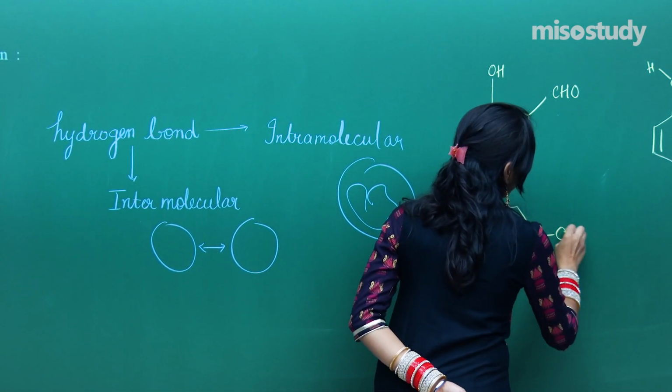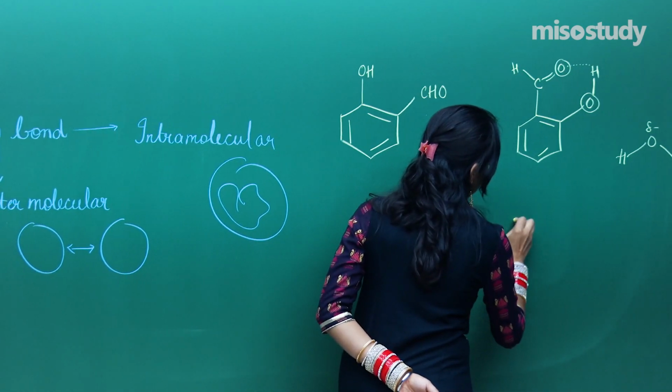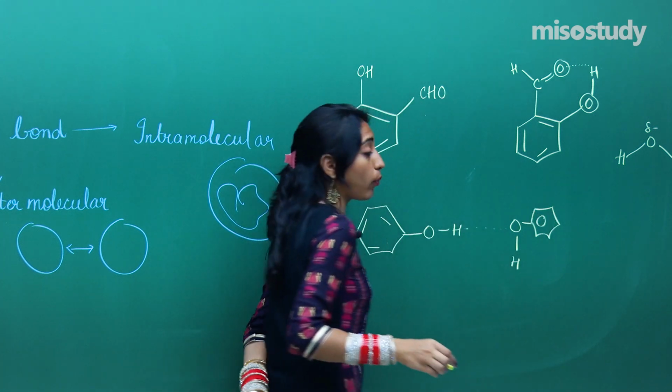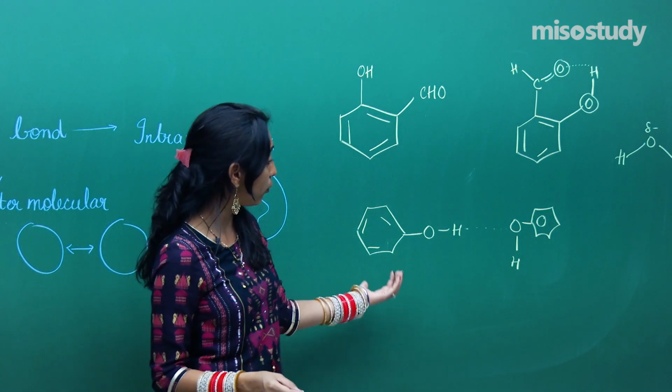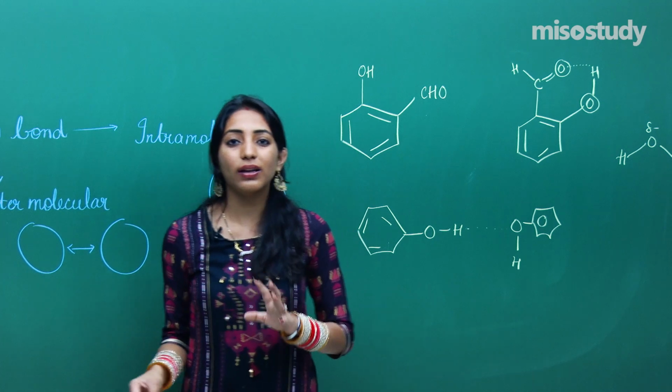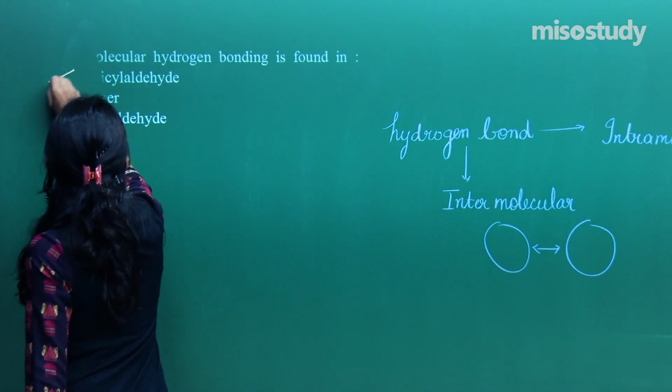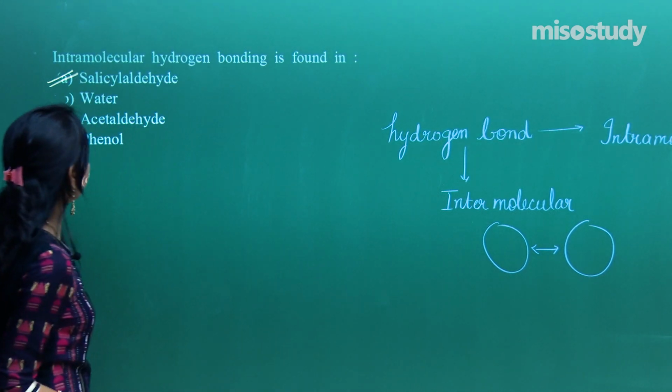One molecule of phenol gets attracted to another molecule. So here also two different molecules are used up to form hydrogen bond. So this is inter. None of them are examples of intra. So the only example of intramolecular hydrogen bonding is option number A.